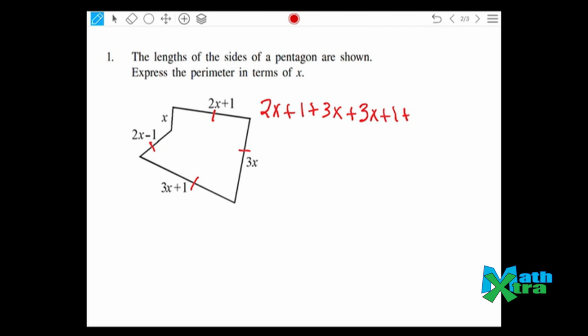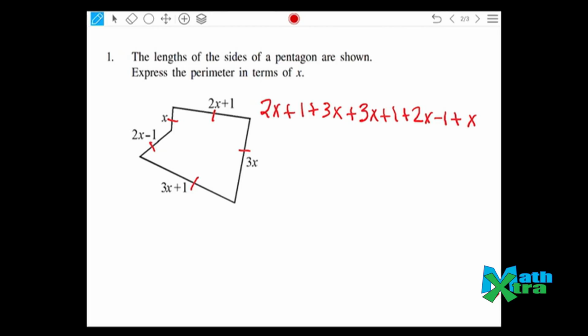Finally, we have 2x minus 1. And lastly, we have another plus x. Remember, stay neat. This can get a little messy. Now let's combine our like terms.